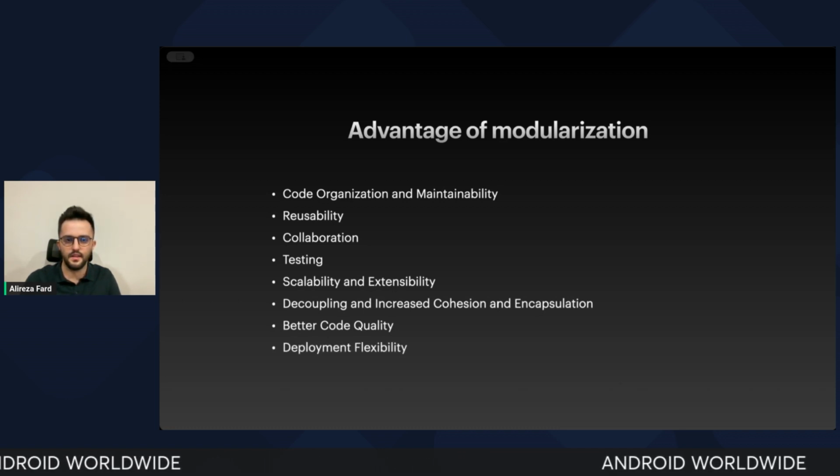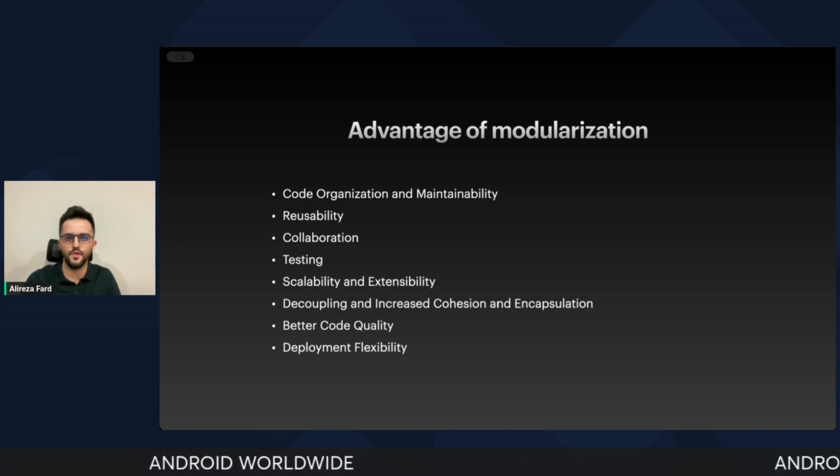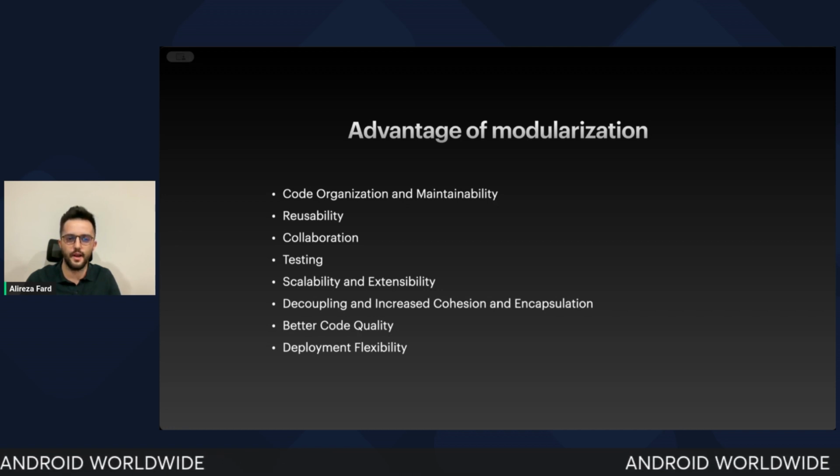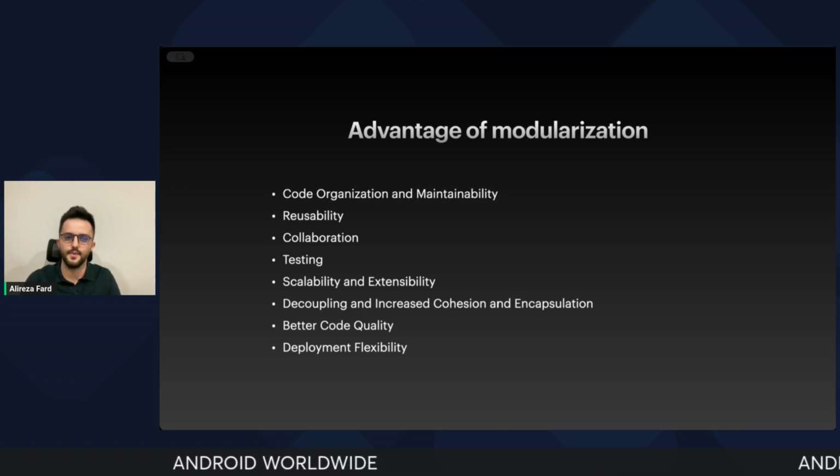And the last item is deployment flexibility. It means, like a dynamic feature, we can deploy our feature based on requirements or based on some condition, like a specific region.